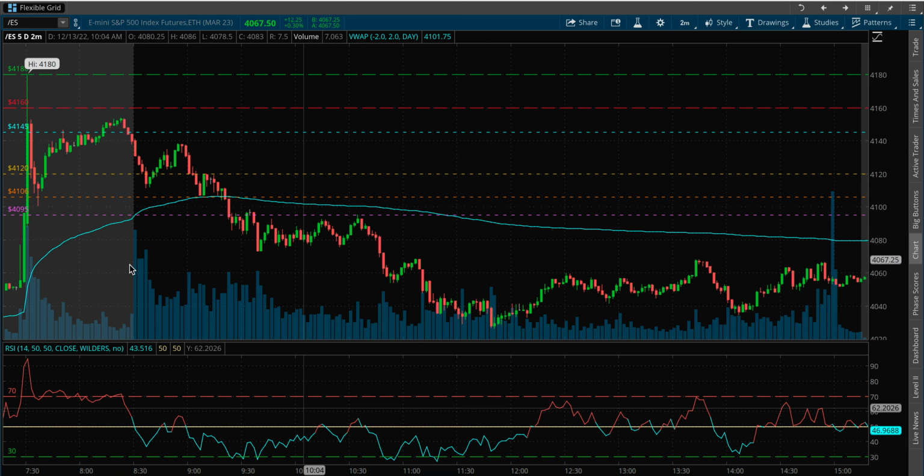Obviously, CPI drops, you see a pretty sizable pullback, and then retail just hops in and tries to chase this thing down. Unfortunately, institutions stepped in, and we know how the story plays out 90% of the time. Retail gets absolutely crushed.